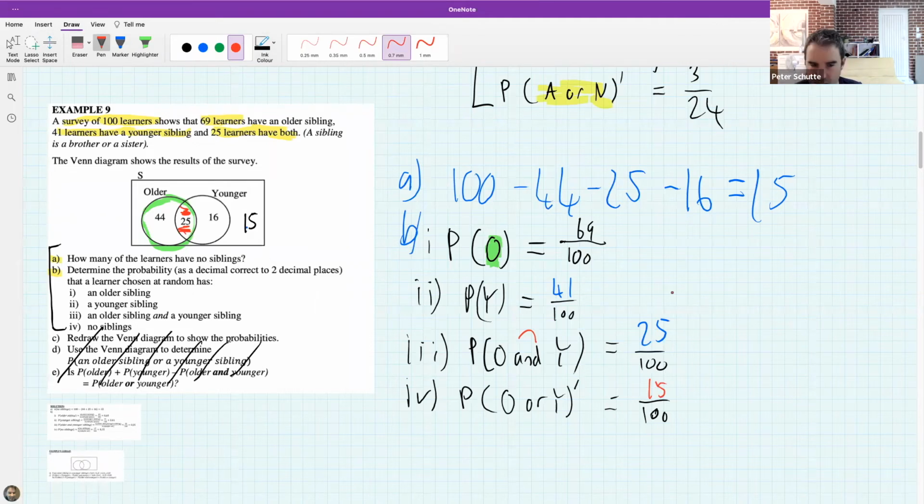Now, what's really cool to show you is that the OR identity that I showed you earlier on in the lesson, just to show you here, the probability of, oh, I didn't actually work out the probability. Let me add one more thing. Let me add, what is the probability of O or Y?